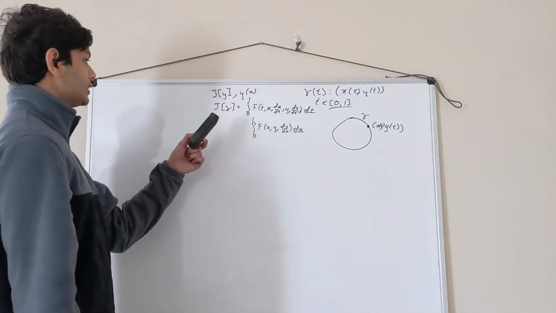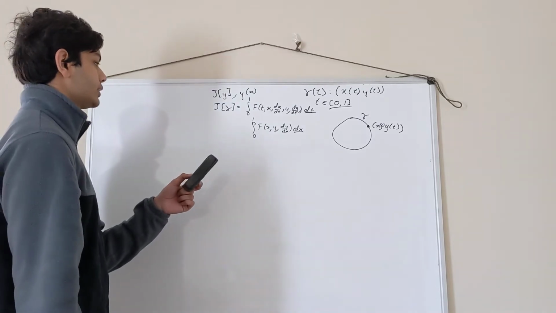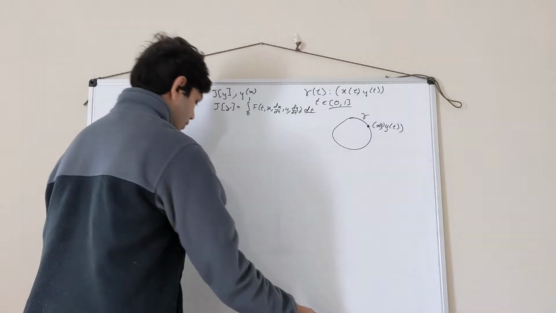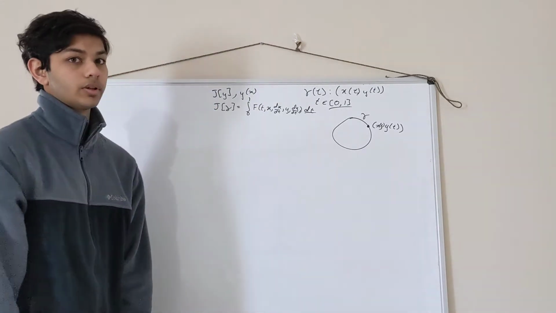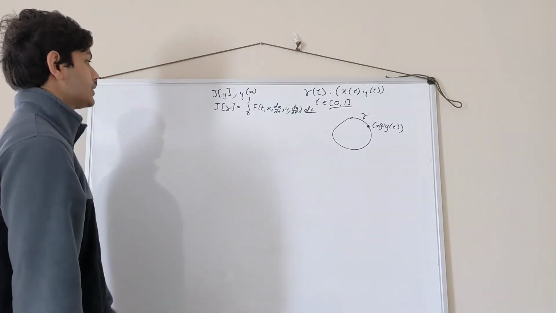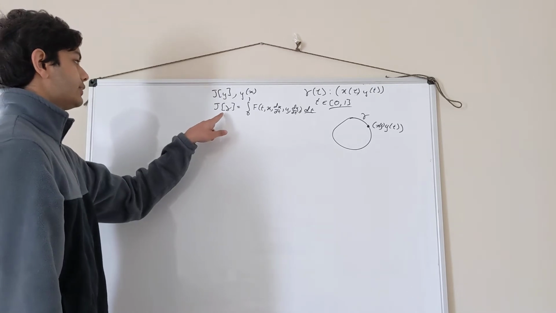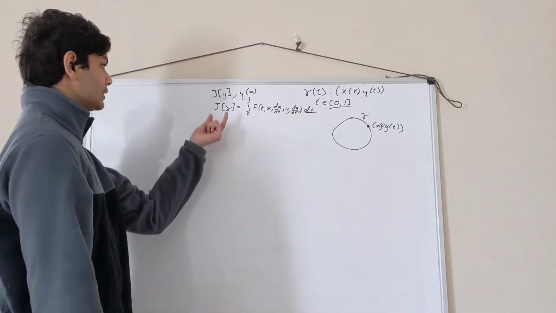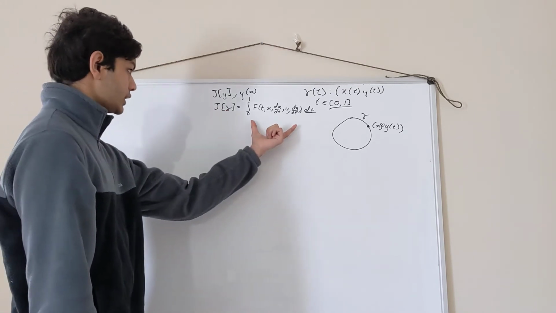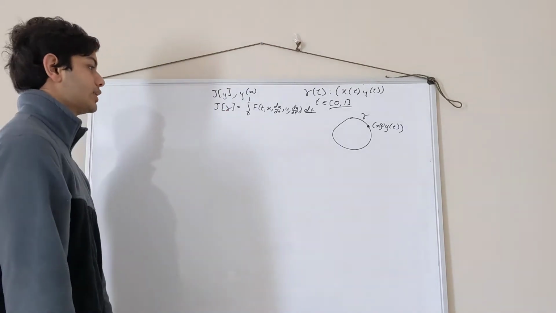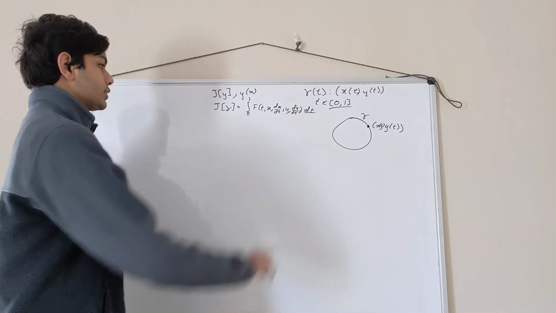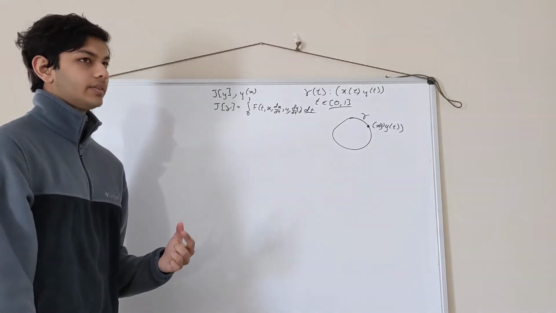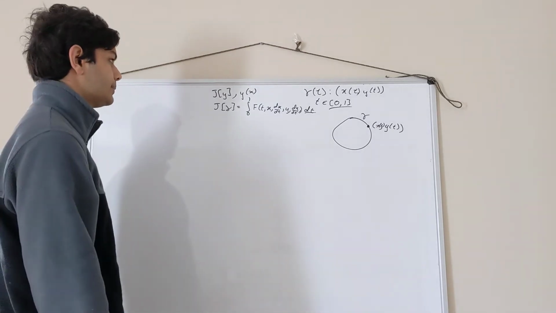So in this video we'll derive an Euler-Lagrange equation, or a set of Euler-Lagrange equations, which will allow us to find extremal values for functionals of this kind. Say this functional represents the area of this closed loop, then an extremal would be a curve that either minimizes or maximizes the area.